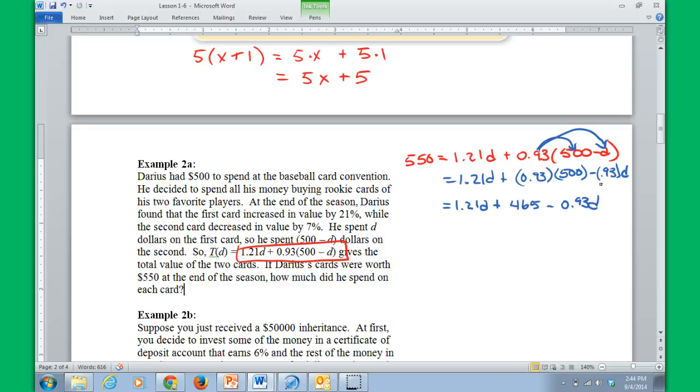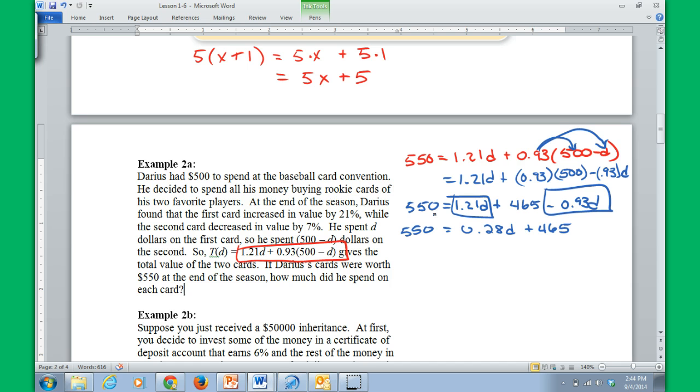All right, so we need to continue simplifying this, and I need to combine like terms. So I have a like term here and here. That will give me a 0.28 D plus 465 equals 550.